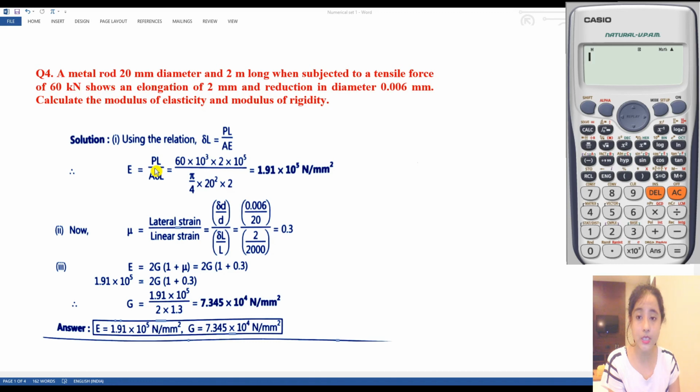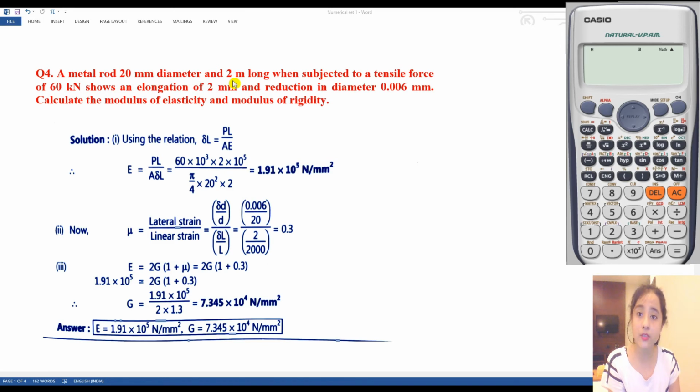So what is P? P given in the question is 60 kilonewton. So we convert it into Newton: 60 into 10 raised to power 3 Newton. Into what is the value of L? Length of this metal rod is given as 2 meter long. Now we need to convert this meter to mm.